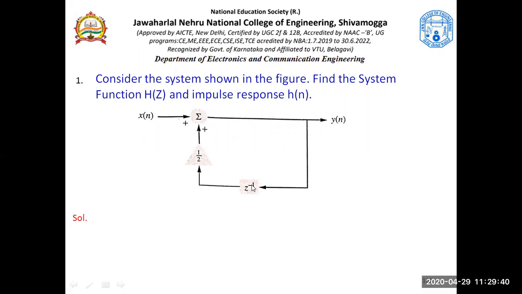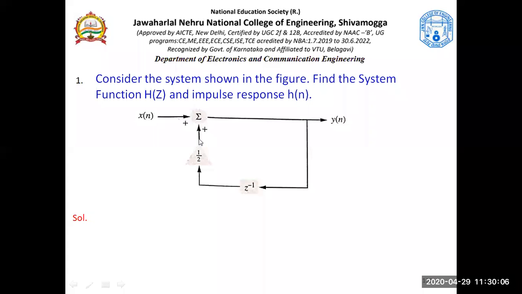inverse. So what does this z inverse block do? Z inverse shifts this y of n to the right by one position. Z inverse shifts y of n to the right by one position. And what is this? This is a scalar which needs to be associated with the term here. What is there here? Here is y of n. Here is y of n minus one.